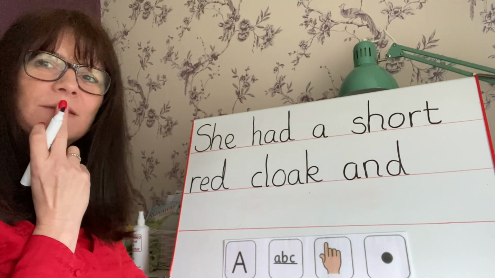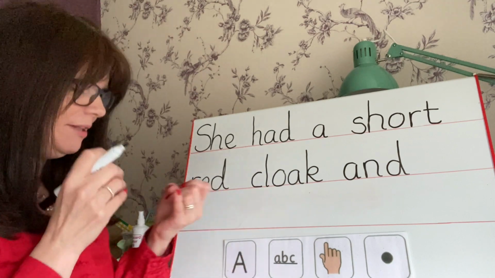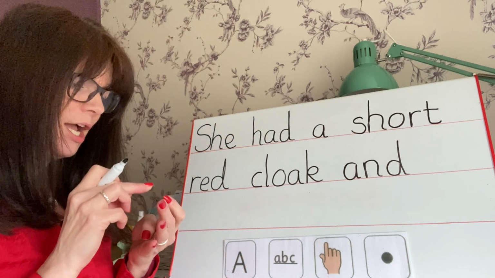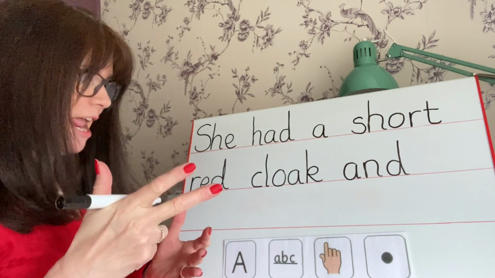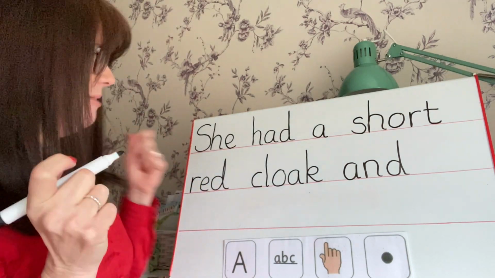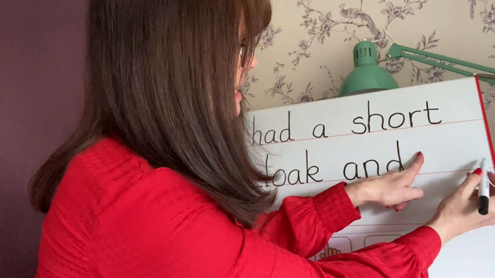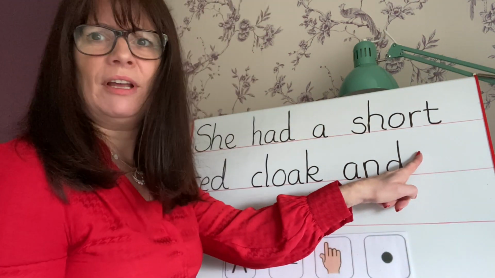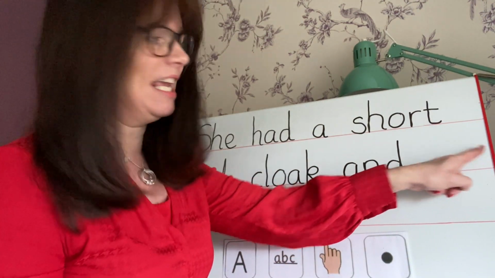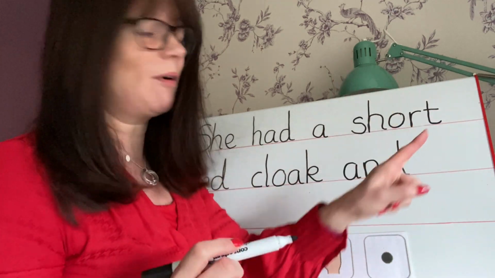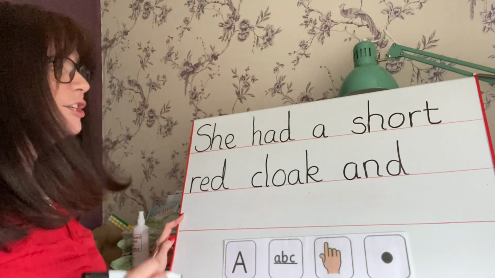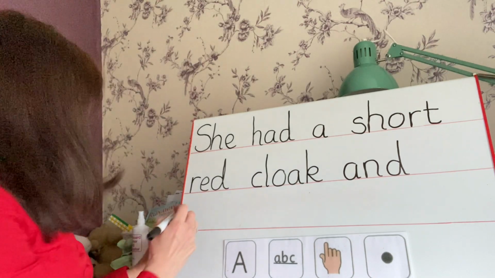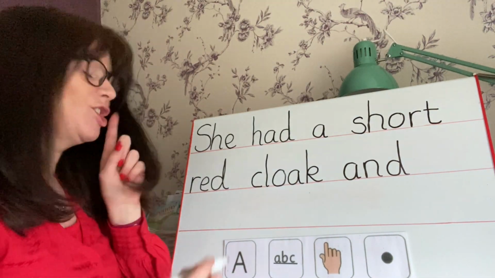What was my next word? Can you remember? Let me think. She had a short red cloak and red shiny shoes. Oh, am I going to fit it in there, do you think? I might not fit it in and it might go up round the corner. So I'm going to play safe and come to my next line. So, shiny. Oh, shh.